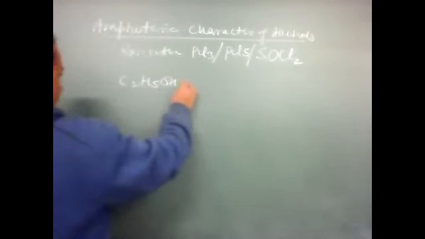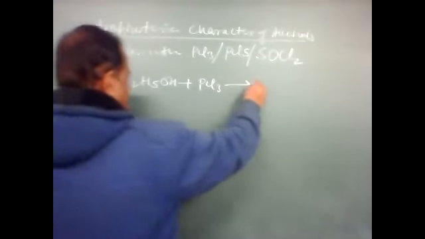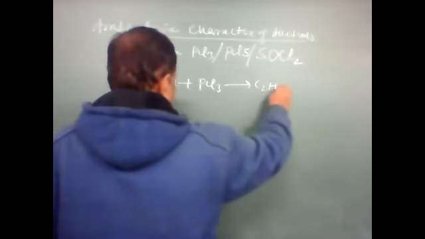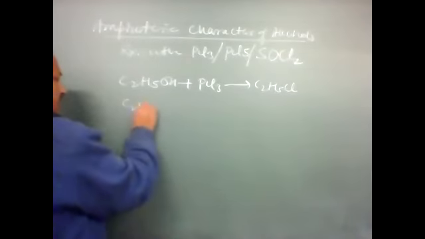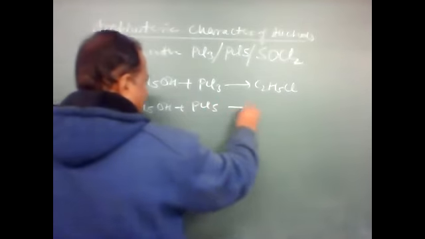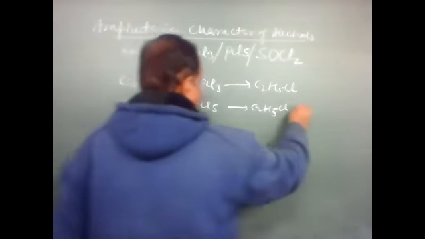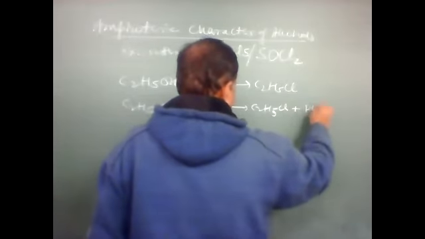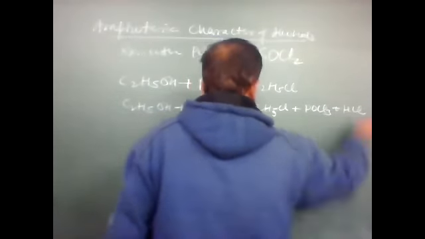So when you take an alcohol and here we take the PCl3, so there will be formation of the alkyl chloride. Here if you take PCl5, so alkyl chloride plus POCl3 plus HCl.